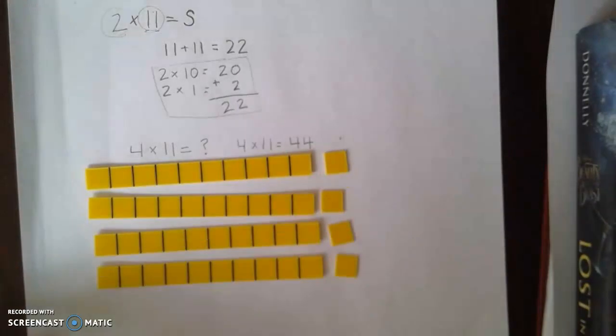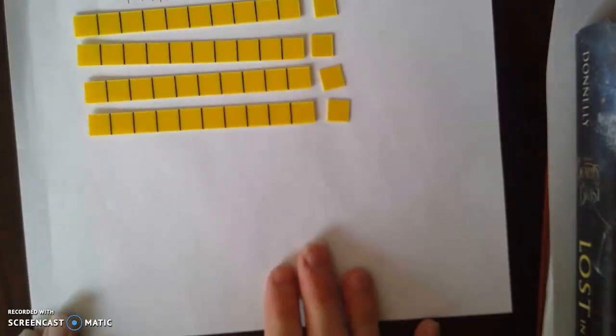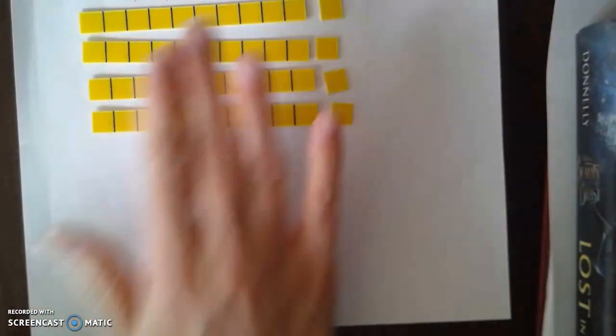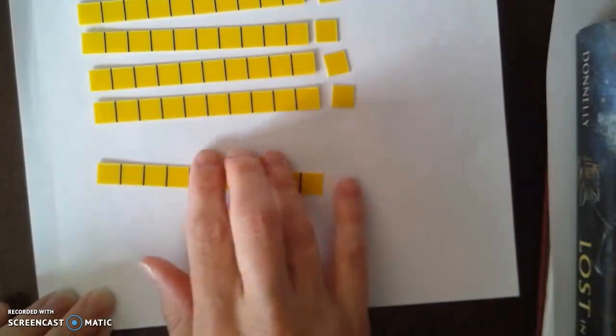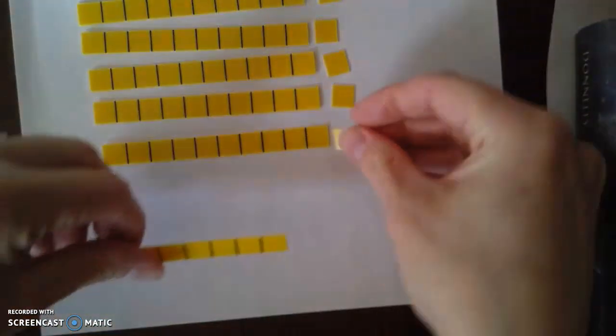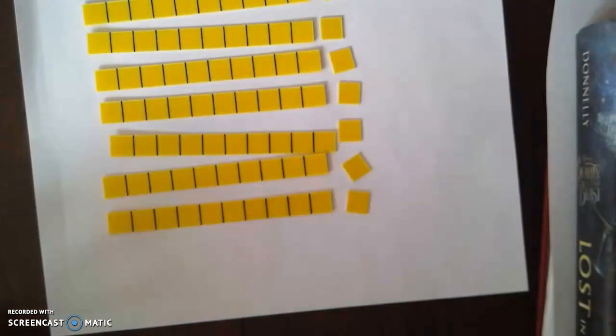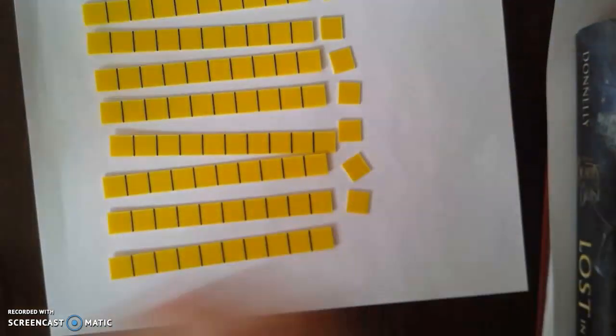Now, I'm going to give you a real hard one. What if I gave you 11 times 11? Now, that one's trickier, okay? So I've already got 4, 5, 6, 7, 8, 9.